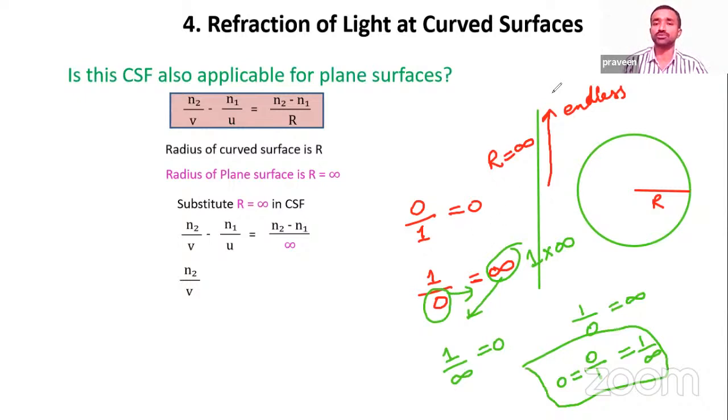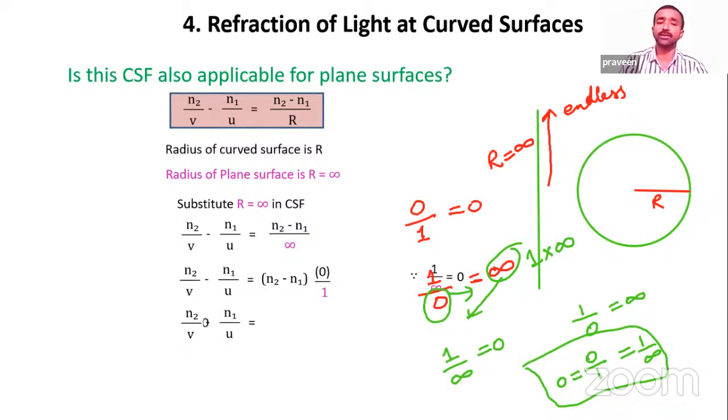So we substitute that in the relation. n2 by v minus n1 by u is equal to n2 minus n1 by infinity, which will be 0, because 1 by infinity is taken as 0 by 1, and 0 by 1 is equal to 0.